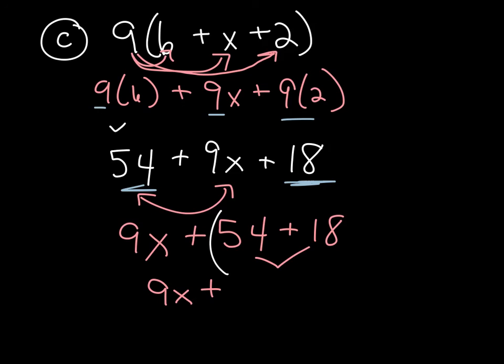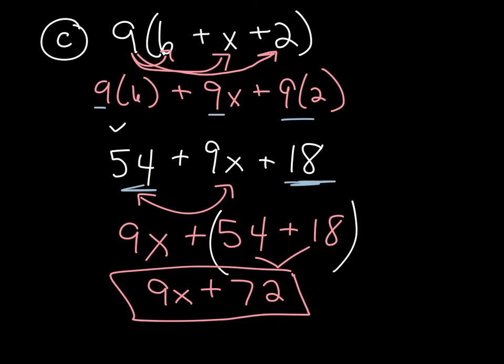So we kind of are using that associative property to group those two like things and do the side math if you need to, but 54 plus 18 is going to give me 72. So now it's as simplified as it can go, and that's our final answer.